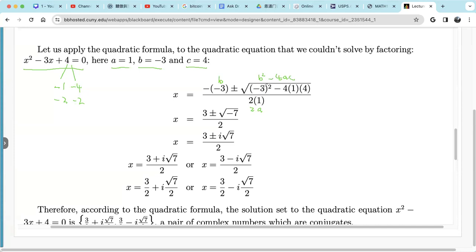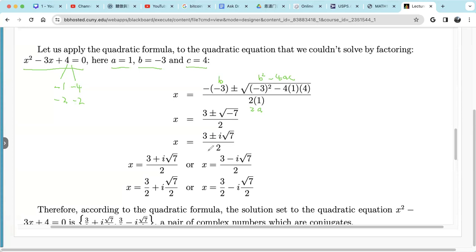So plug in the values: -3 squared minus 4 times 1 times 4, which gives 9 minus 16, which is -7. So a positive 3 plus minus the square root of -7, which is an imaginary number, where we change the square root of -7 to be i square root of 7.